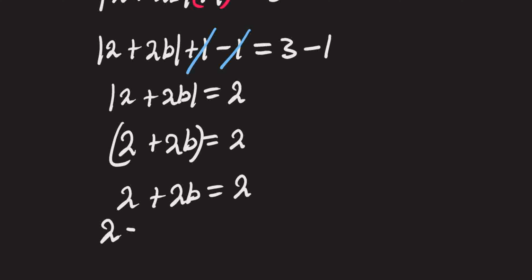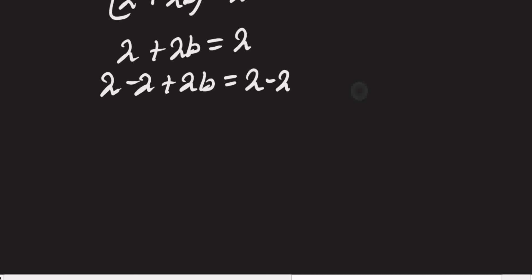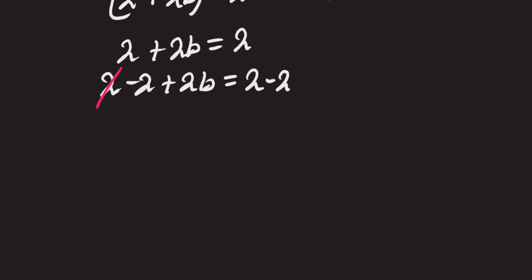So this will become 2 minus 2 plus 2b is equal to 2 minus 2. So 2 minus 2 is 0. So we can cancel this from here. And now we have 2b is equal to 2 minus 2, which is 0.